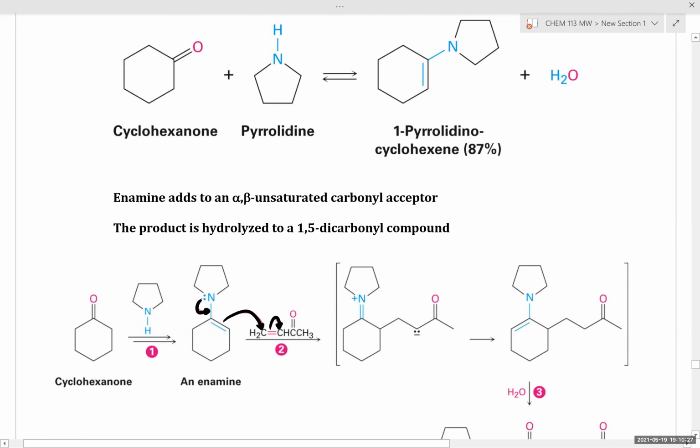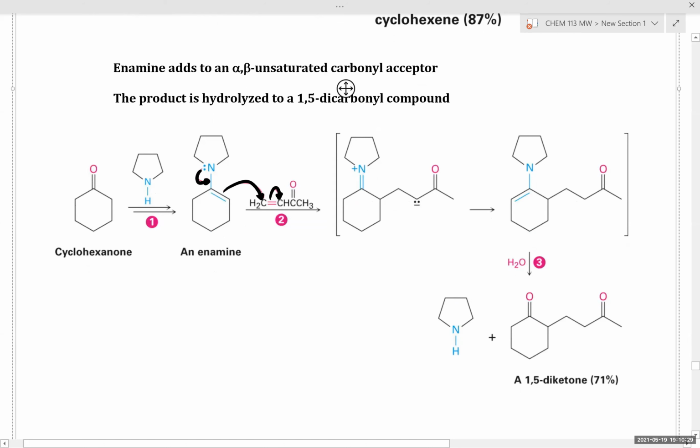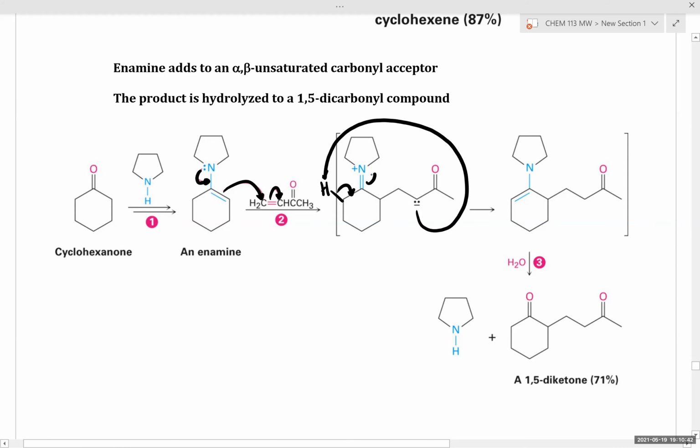The beauty of this reaction stems from the fact that once we have our conjugate addition product, just like when we had a beta ketoester, we can quench our formed enolate via a proton transfer. This reforms our enamine, and this enamine is stable in solution.